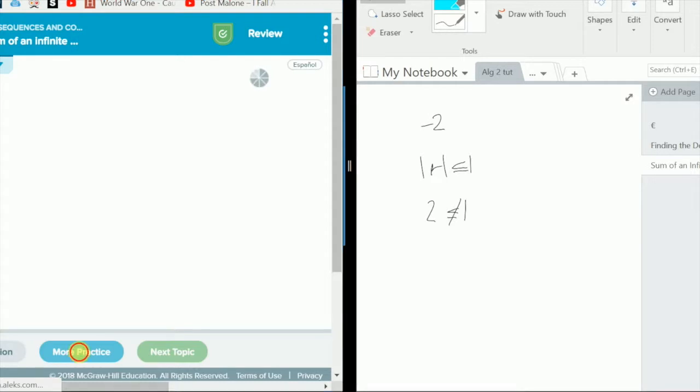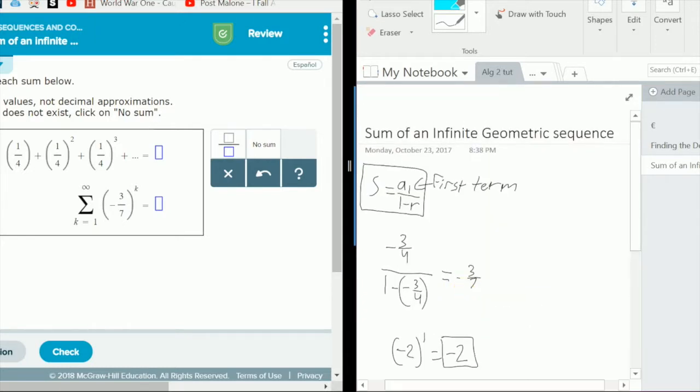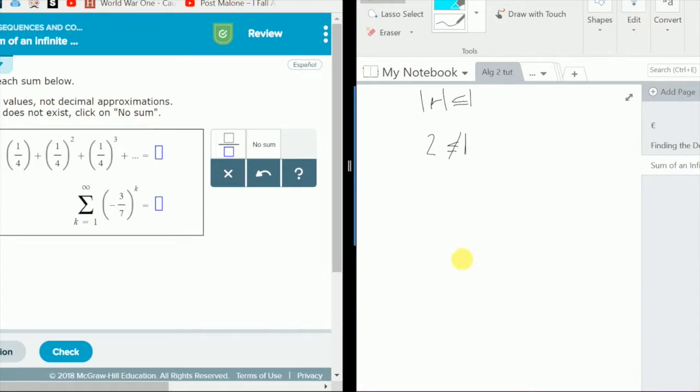Let's try one more just to secure our understanding. Alright, so again, the formula: we have a1, the first term, so literally the first number here, which is 1/4. And we'll divide that by 1 minus r.